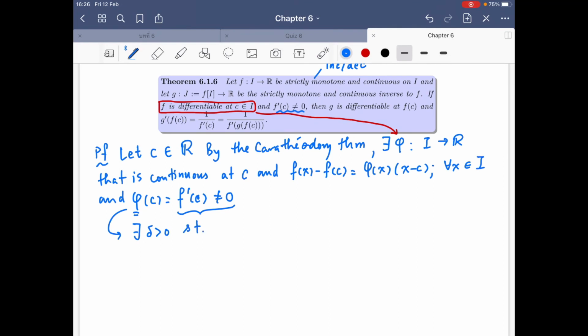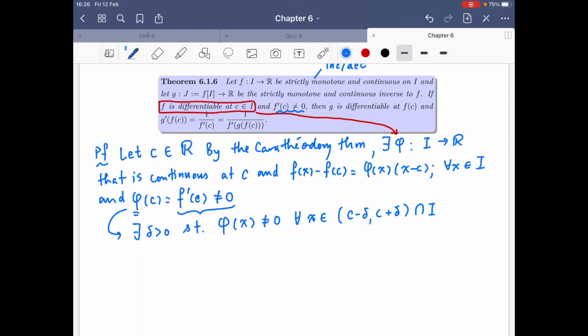So we have a delta greater than 0 such that phi(x) is not 0 for each and every x in this neighborhood, and of course this neighborhood must be inside the domain I. So from c to the left and to the right a little bit, phi(x) is not equal to 0.